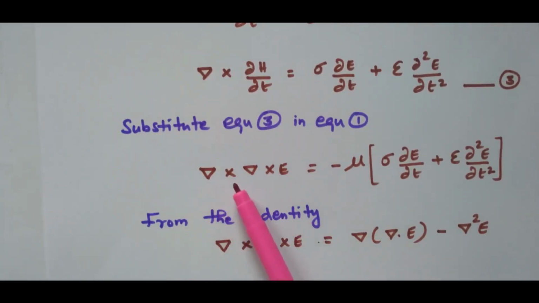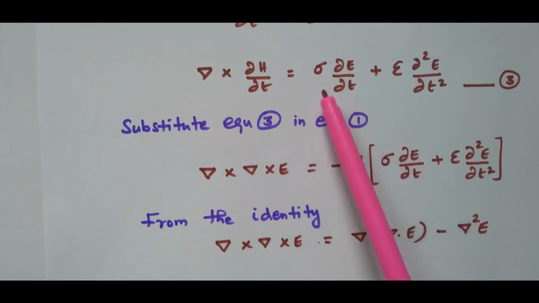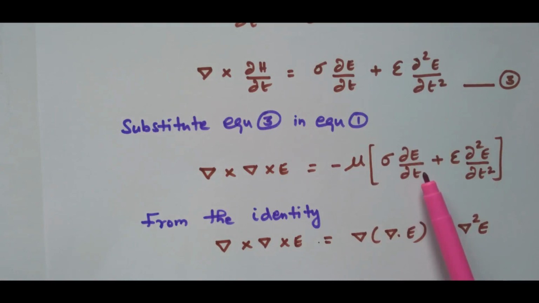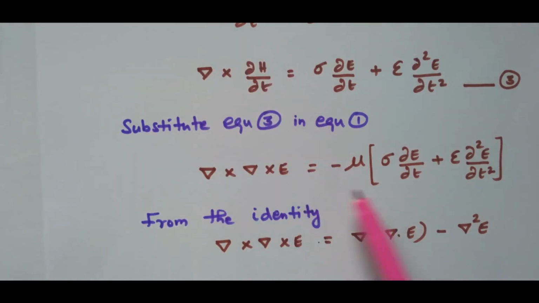So in equation 1, del cross del cross E is equal to minus mu times, in place of del cross dou H by dou T, sigma dou E by dou T plus epsilon dou square E by dou T square. Right, now equation 3 is substituted in equation 1, and we got this value.